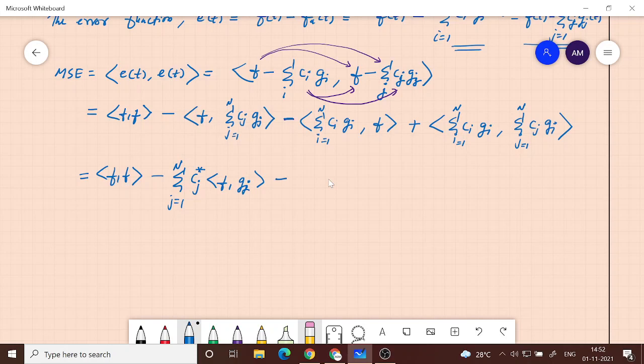Then minus, here also we will do like this. So here it is i going from 1 to n, and I will take the coefficient here also outside, but this is in the first entry, so it will be ci ⟨gi, f⟩.